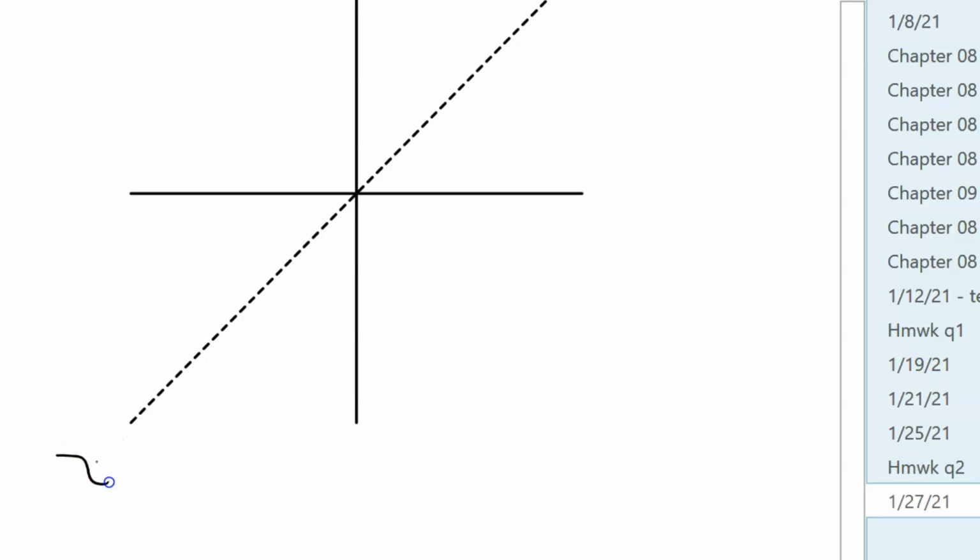Okay, so X, Y, Z. So we're going to go 2 tick marks on the positive X, 3 tick marks on the negative Y, and then 4 tick marks up the positive Z.